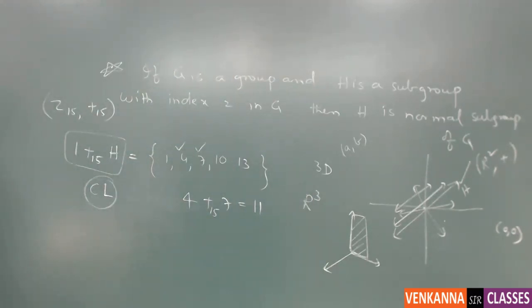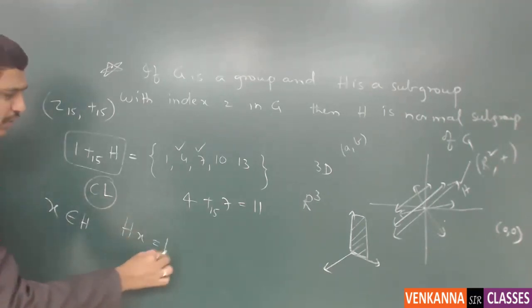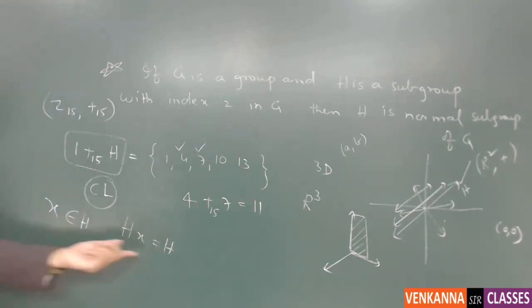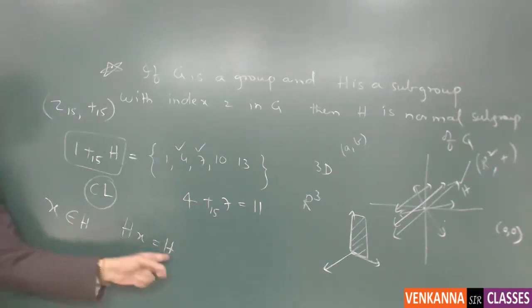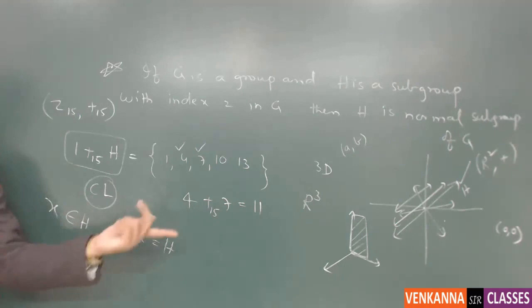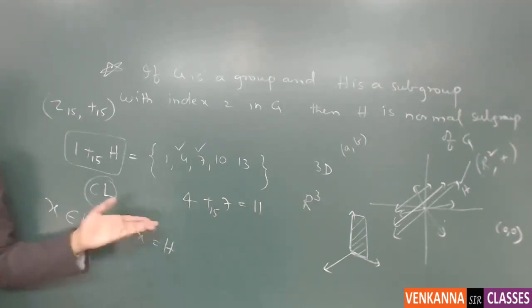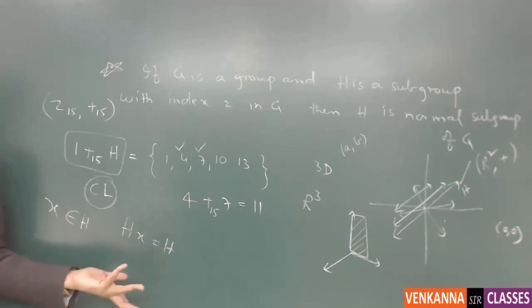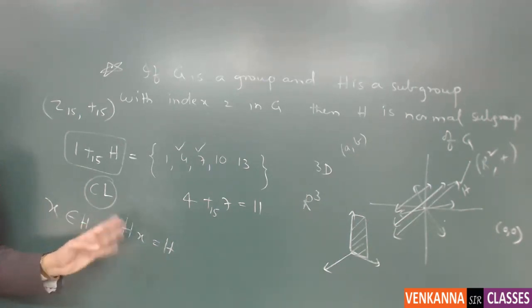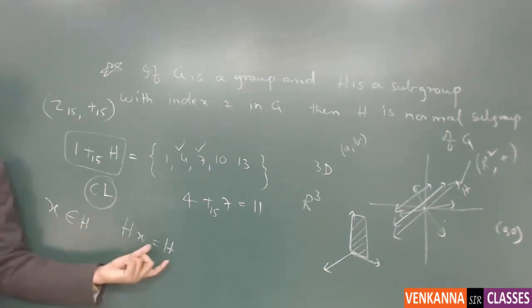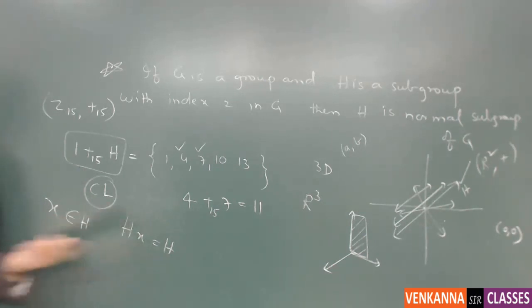Right. So as per the discussion, please understand, if you take x belongs to H, Hx is equal to H always. So H is a group because these two are becoming equal. You cannot find a different set other than H. H itself is by default a group you have taken, so the coset is a group. There is no distinction between the coset and the group if you take the element in the subgroup itself.